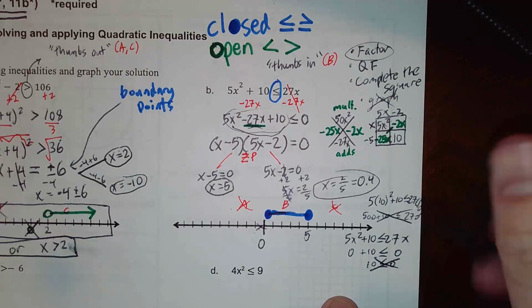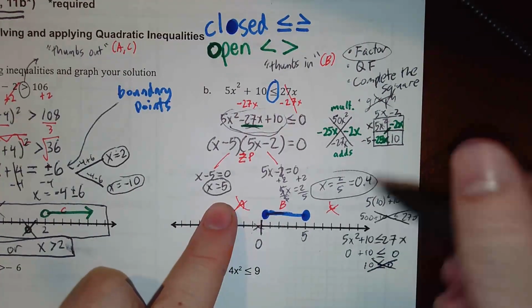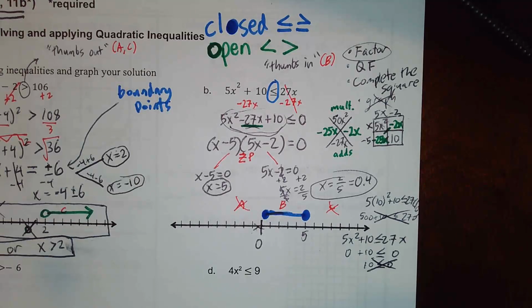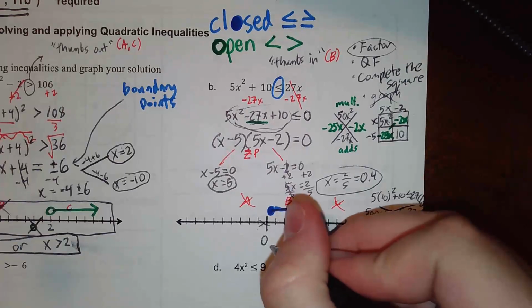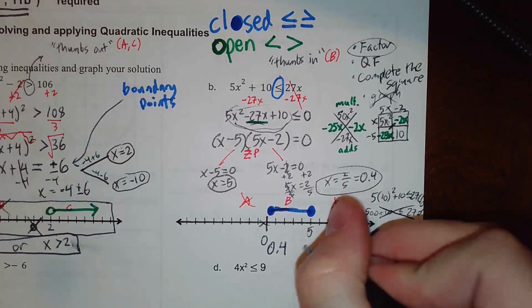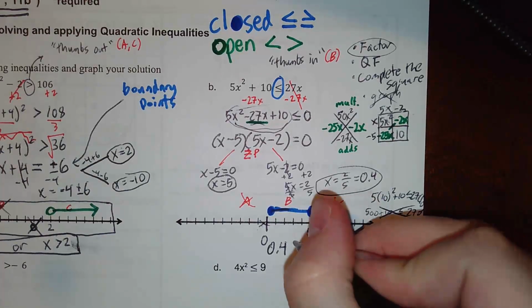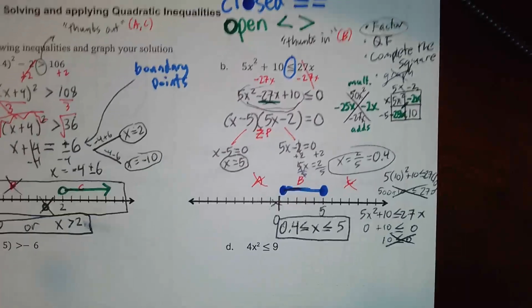The answer is no. So if you plug in numbers in region A or in region C, they're not going to be solutions. So our answers lie between the numbers 0.4 and 5. So we can write our answer like this. They lie between 0.4 and 5.